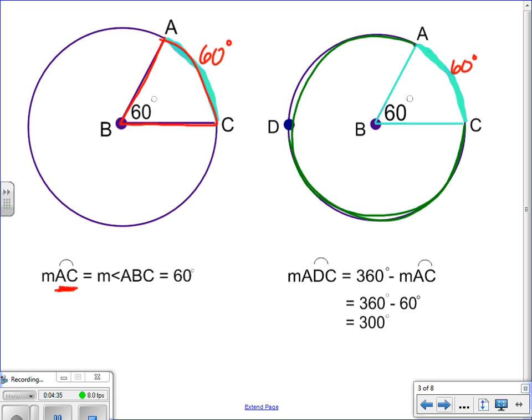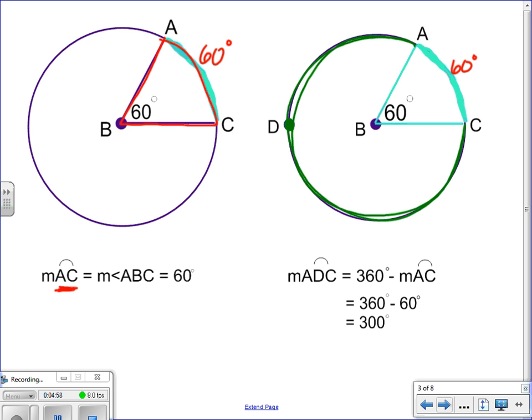Now, I don't want to call this major arc AC, because essentially you would have 2 arcs labeled AC, and I don't want that confusion. So we throw in a third point. We put point D on the circle between A and C. Then I can say the major arc is arc ADC.